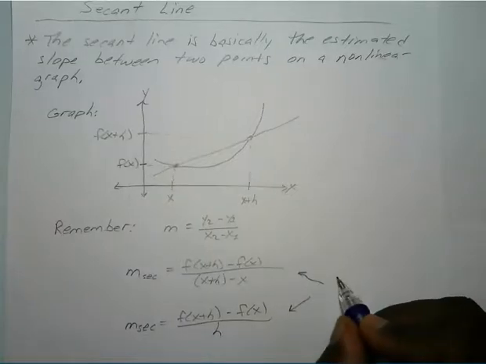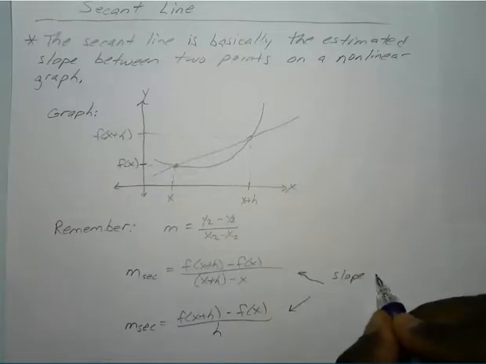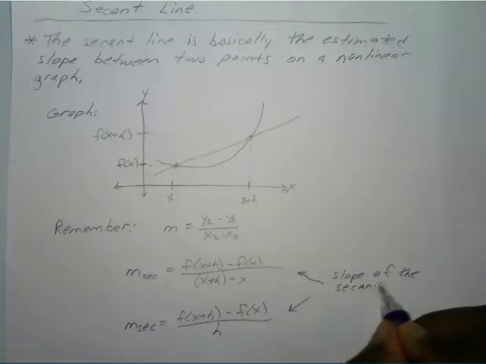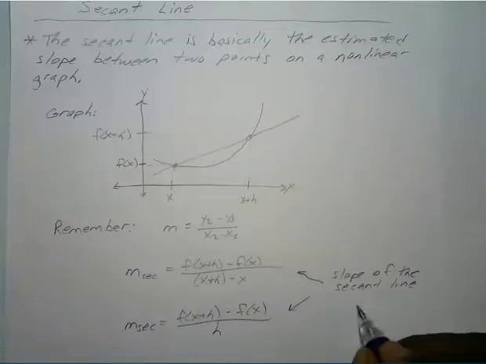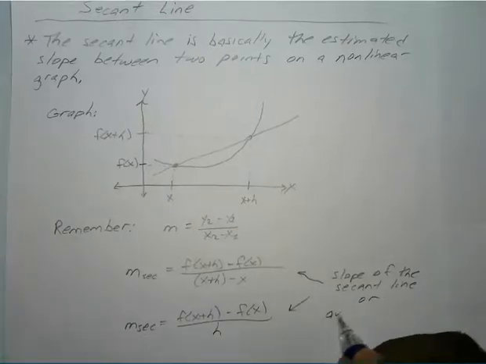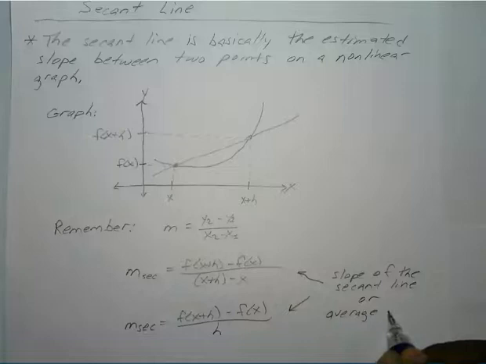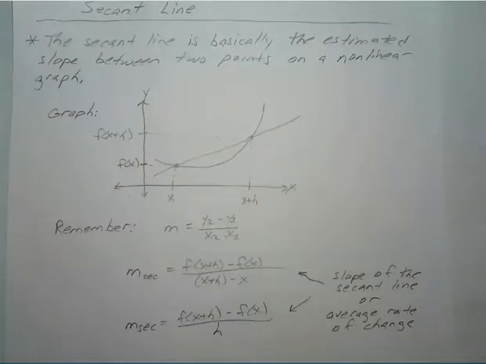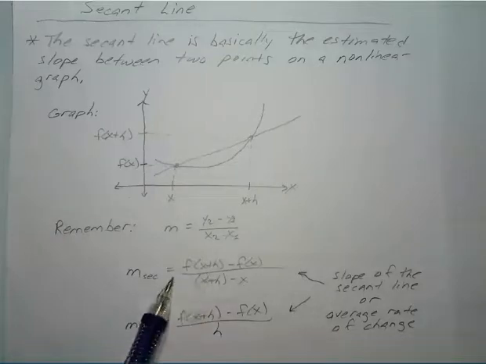These give you the slope of the secant line, or this is how you can find your average rate of change. This is just a simplified version of the slope of the secant line up here, but either one of them will work.